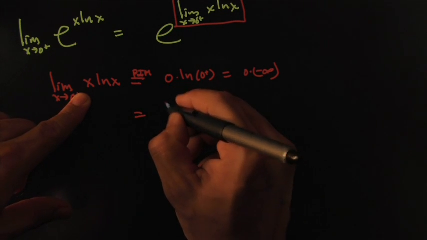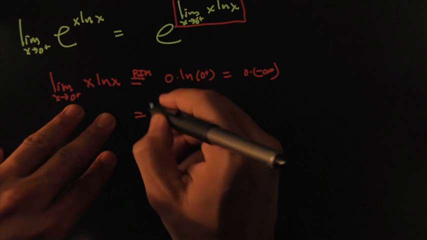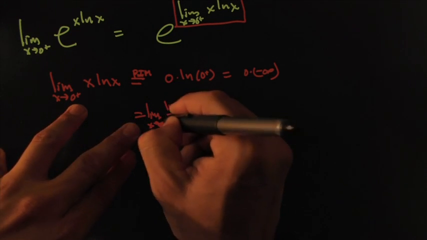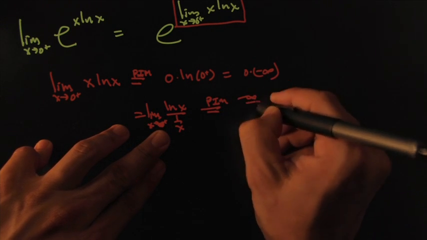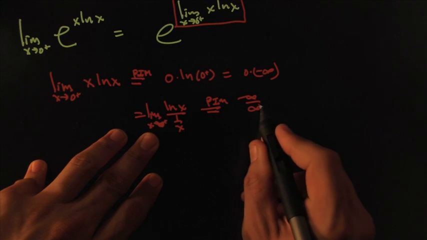We do ln of x, and instead of writing x here, we write 1 over x, the opposite of reducing complex fractions. And the advantage there is that when I try the plug-in method, now I get negative infinity over infinity as x goes to 0 from the positive side. And that's perfect for L'Hopital.